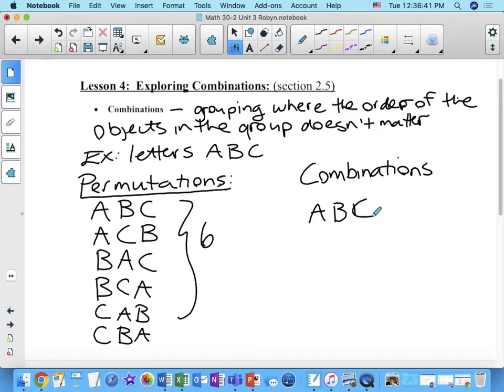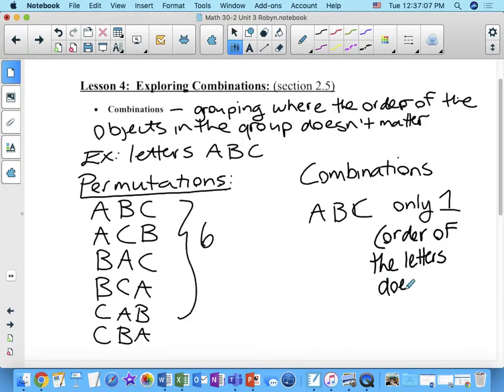Because I can reorder these however I want. It's still the same 3 letters that go into that group. Okay, and that's because, again, you jumble them all up, still the same 3 letters, right? The order of the letters doesn't matter.